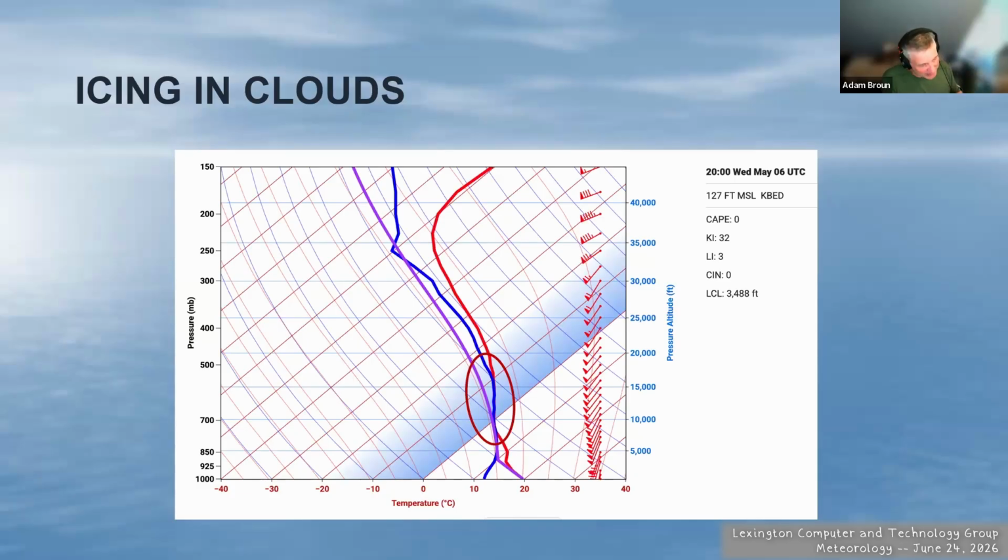These graphs I'm showing you are all outputs from computer models. They are not raw balloon data. There is no balloon that goes up over Bedford. I asked the tool to tell me what the SKEW-T is going to be over Bedford. So what we're looking at are the raw outputs of the big meteorological models that all the weather forecasters use. Does that help answer the question? Yeah, it helps. Thanks. Sure.